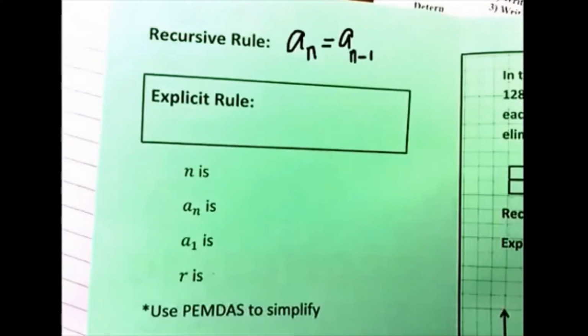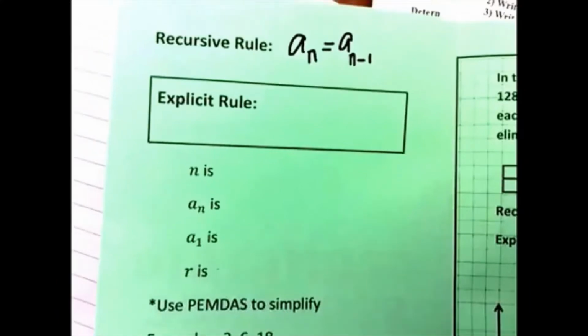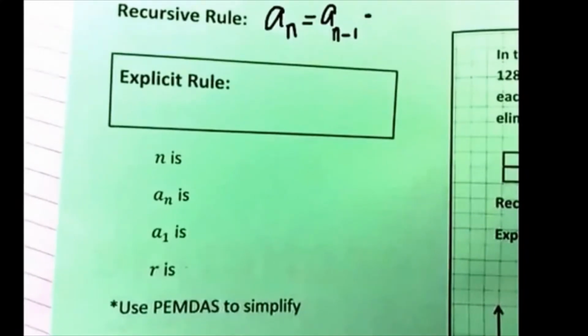But this time, since we don't have a common difference, we have a common ratio, and ratios are numbers that involve multiplication. The next step is going to be times, so I'm going to use a dot to represent times, r, and r again is our common ratio. So our recursive rule says if I want to find one term, I need the previous term times the common ratio in order to get it.